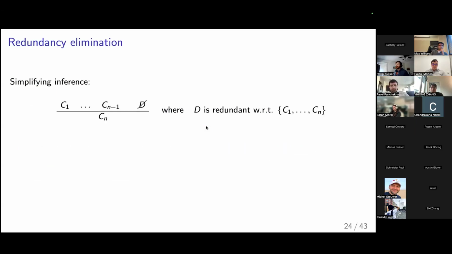And we use two kinds of redundancy elimination in practice that can be categorized as follows. One of them is through so-called simplifying inferences.